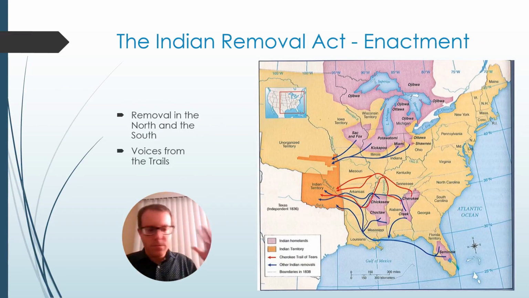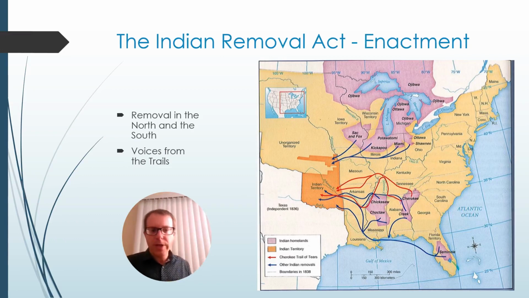One reason why Andrew Jackson allows the state of Georgia and his political allies to execute the Indian Removal Act against the Supreme Court ruling is because there are strong political incentives for him to do so.